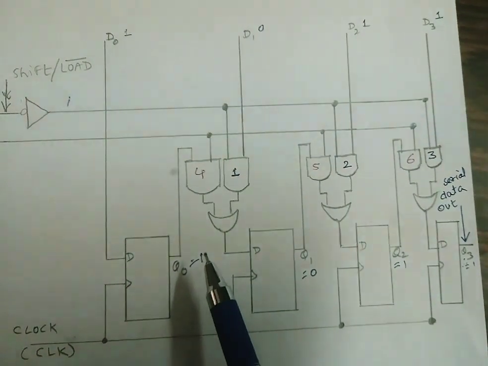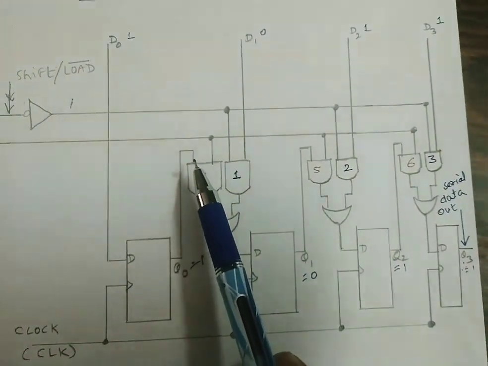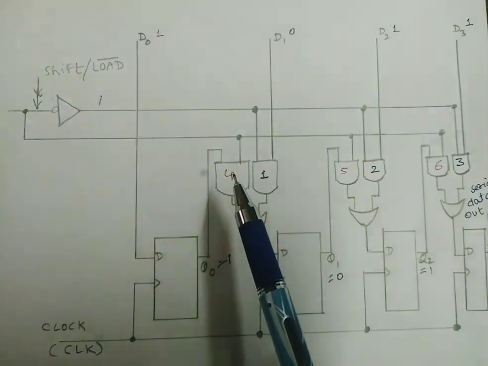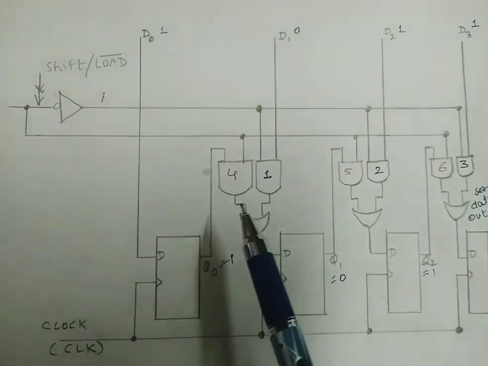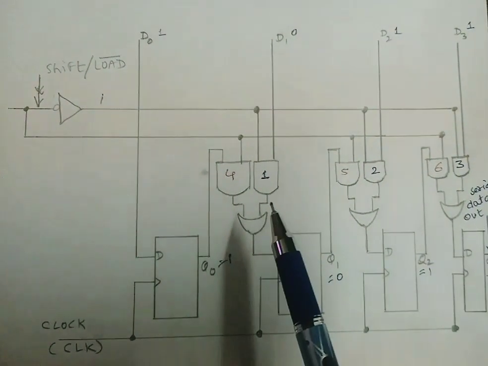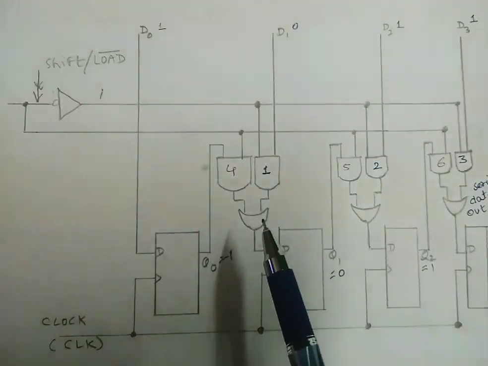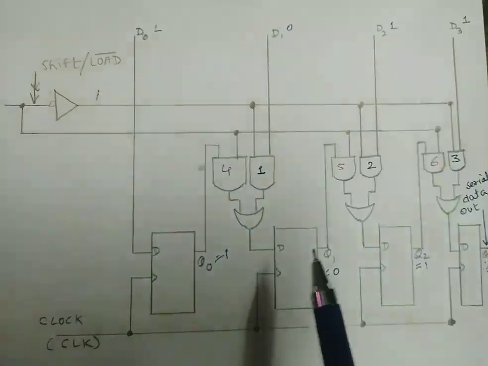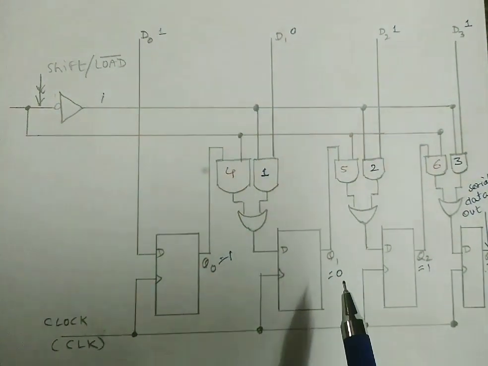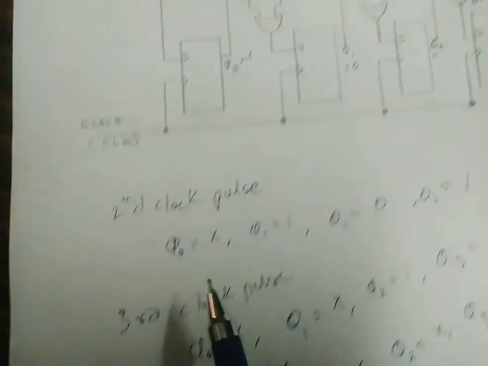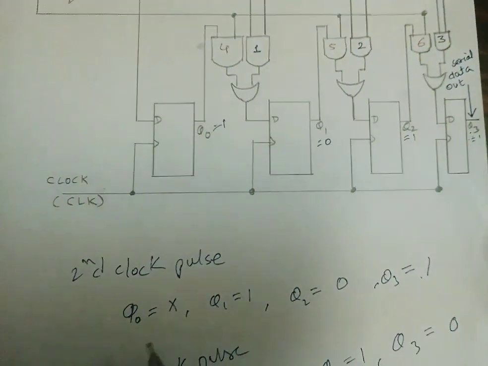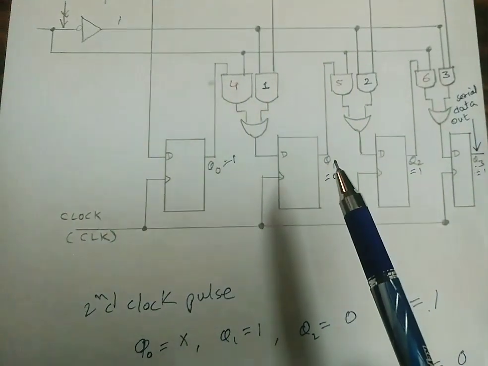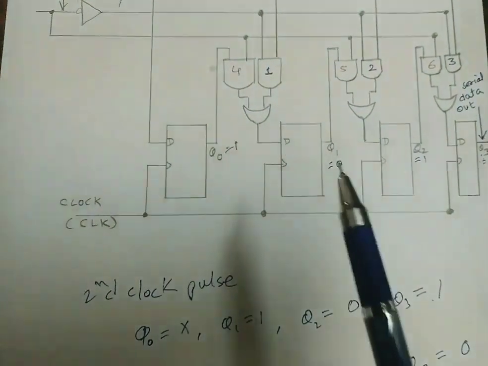The one which was here will get 1, and since this is 1, this is an AND gate, so this will be 1, and here we are getting 0. So the output of the OR gate will be 1, so here 1 is being applied, so this will cause Q1 to become 1, just like I have written over here. In the second clock pulse, Q0 will be nothing, Q1 will be forced to become 1.